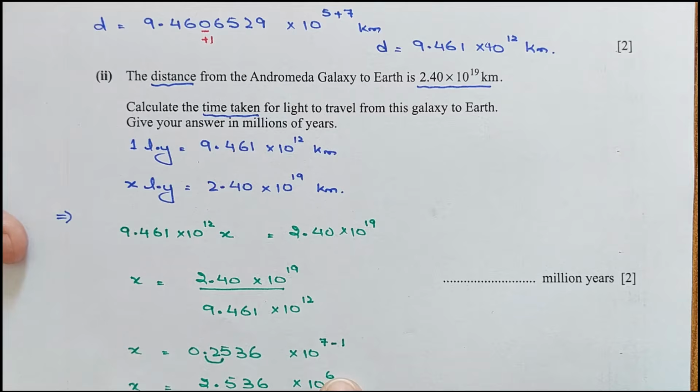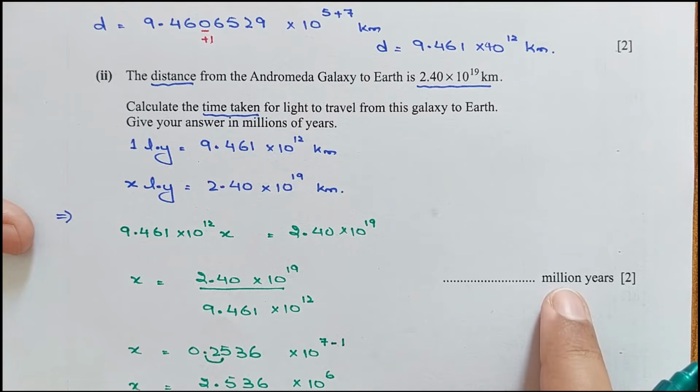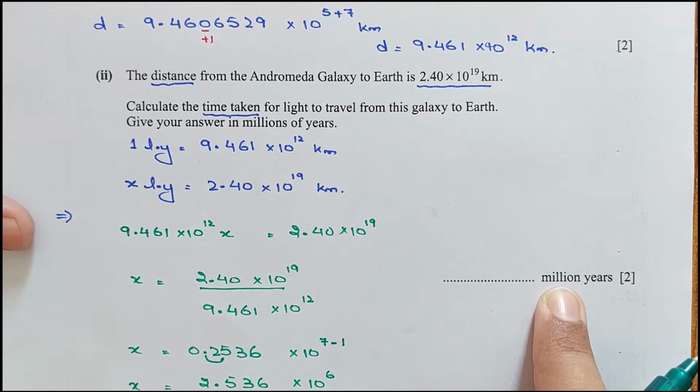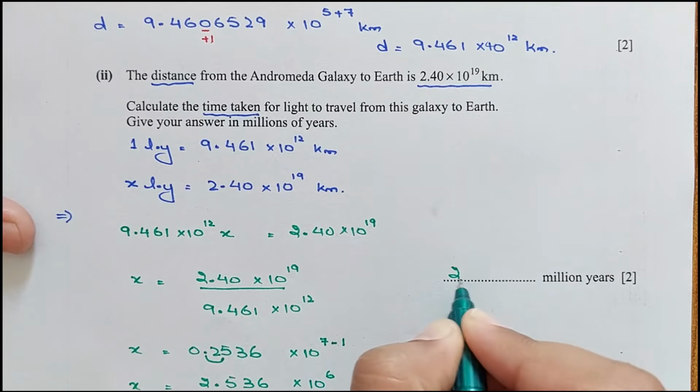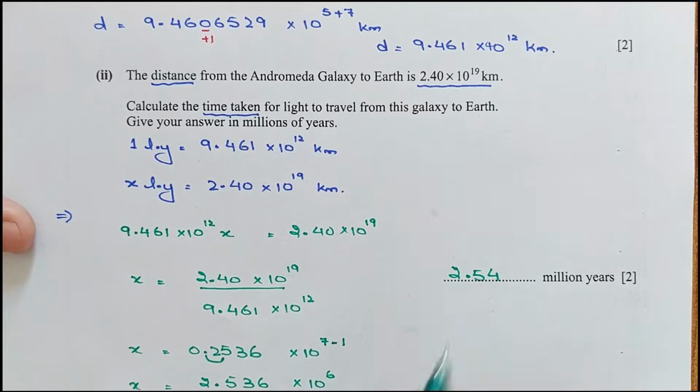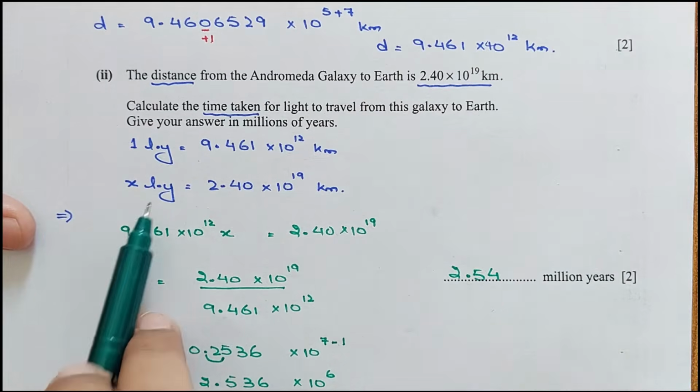So 10 to the power 6 is basically a million, right? 1 million equals 10 to the power 6, and we have to find the answer in millions of years. So x light years is this much, which is 2.54 if I round it, and 10 to the power 6 represents million, and this is in years.